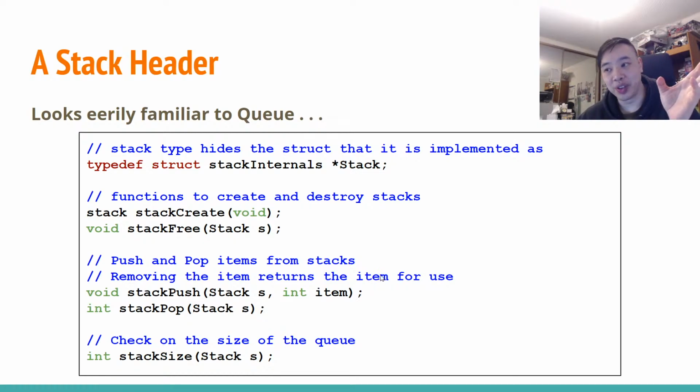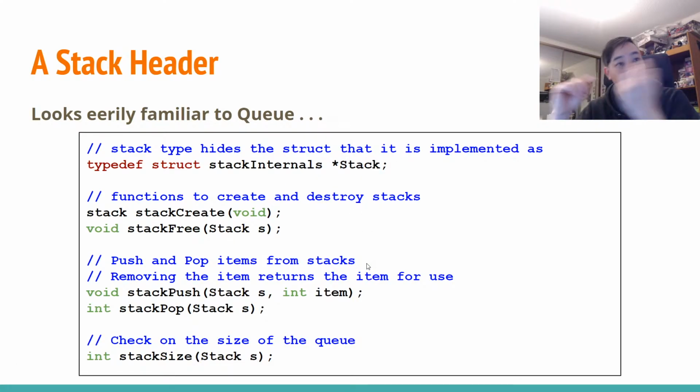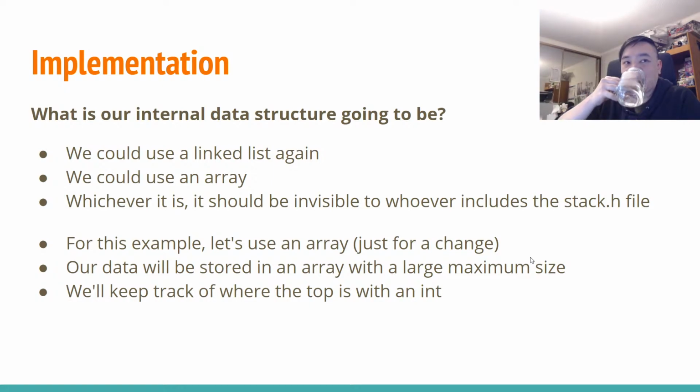So the queue was first in, first out. This is last in, first out. So we are going to implement these things differently, but the interface to accessing this thing is actually going to be reasonably similar. So, what's our internal structure? Now we could very easily use a linked list again.